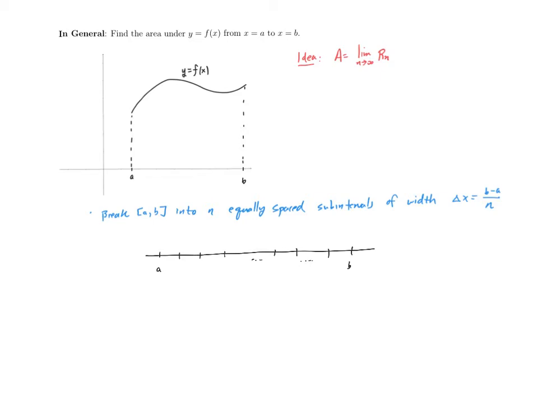Notationally, we will let a be equal to x sub 0, then x1, x2, x3, all the way to b equals x sub n. And somewhere here in the middle, we have a general interval, x sub i minus 1 to x sub i. How I want to think of this is that x sub i represents the right-hand endpoint of the ith subinterval.